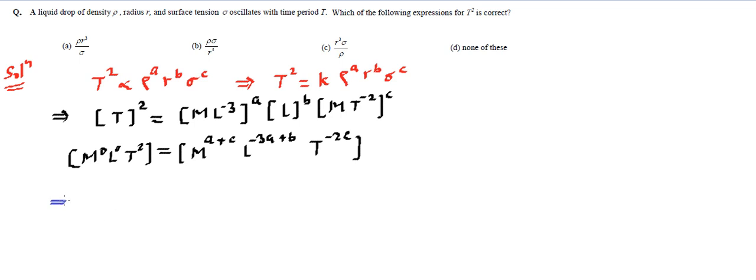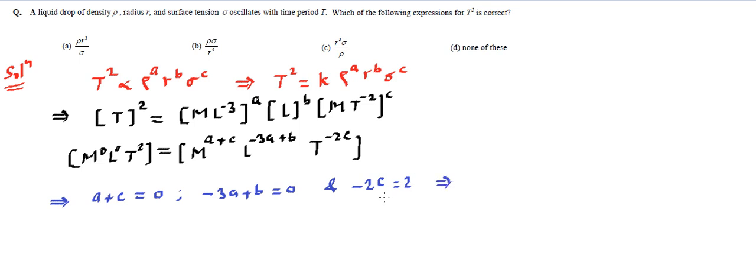Now we can compare the dimensions on both sides, and they have to be identical. By comparing, we find equations: a plus c is equal to 0. From the second, minus 3a plus b equal to 0. And the third relation is minus 2c is equal to 2. Now we can handle these equations to find a, b and c.